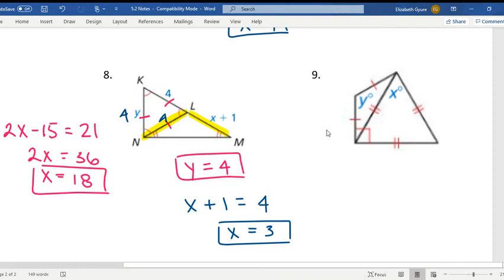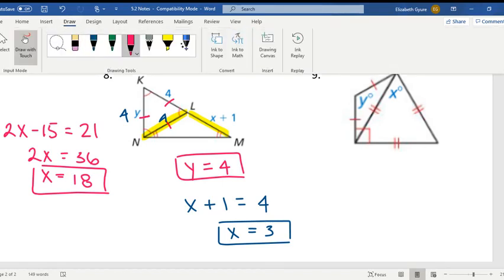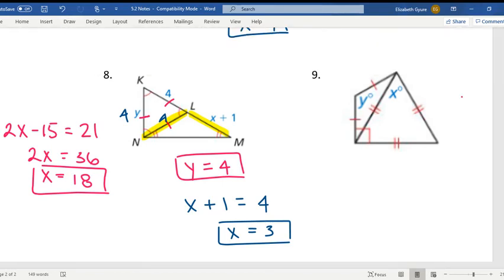Any ideas or suggestions, Andrew? Why 60? Yeah, it's equilateral, equiangular. So doesn't every angle in there have to be 60? All of them, right? Each one is 60. So x equals 60.